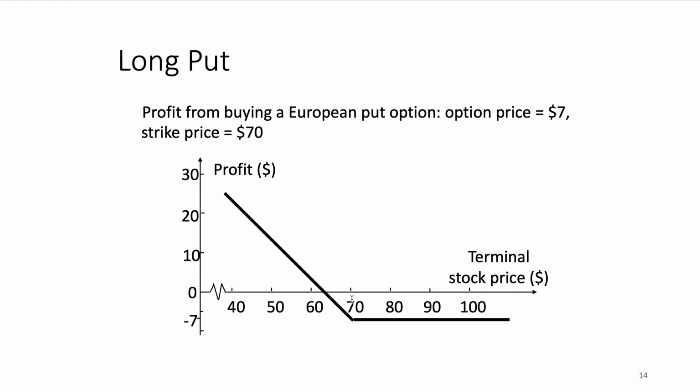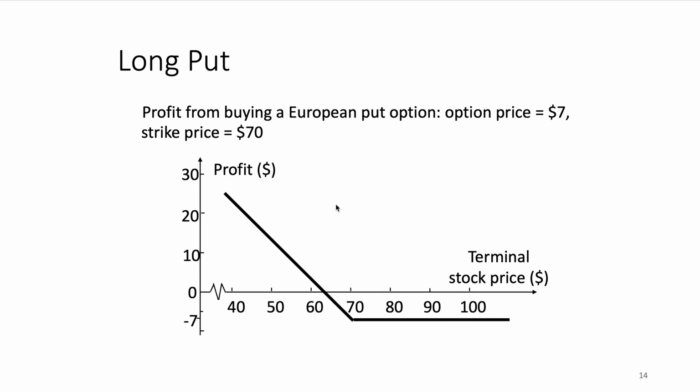So you will exercise as long as the stock price is below 70. If it's 69, you exercise, because you can sell for 70 a stock with a market value of 69. It's X minus S. Now, what is the break-even point, where you have a profit?